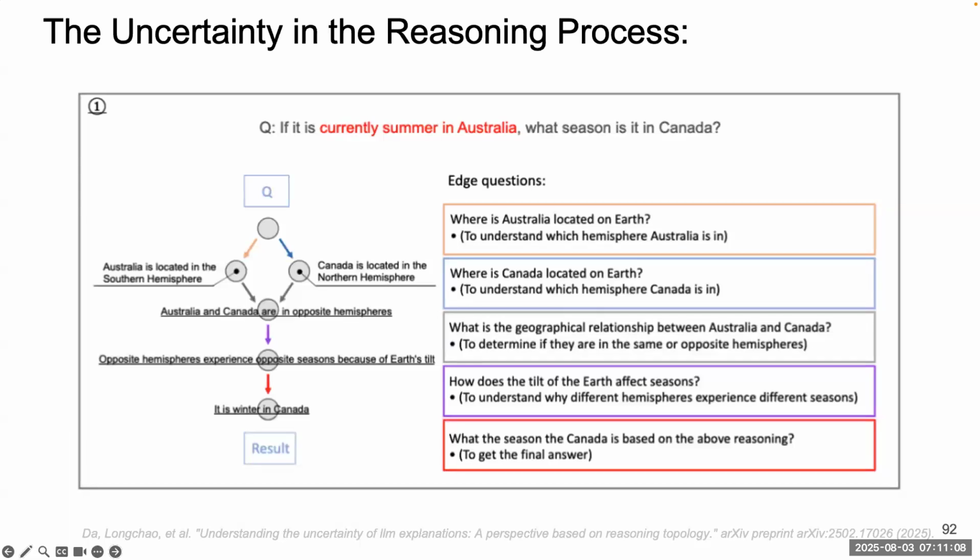And the answer is Canada and Australia are located in opposite hemispheres. The next question is how does the tilt of Earth affect the seasons? And the answer is the opposite hemispheres experience opposite seasons. And then they ask the final question, what season is it in Canada based on the above reasoning? And they will give you the final output as it's winter in Canada. So currently it's summer in Australia, then the final answer is it's winter in Canada. Right? So this is one chain, one structure of reasoning.